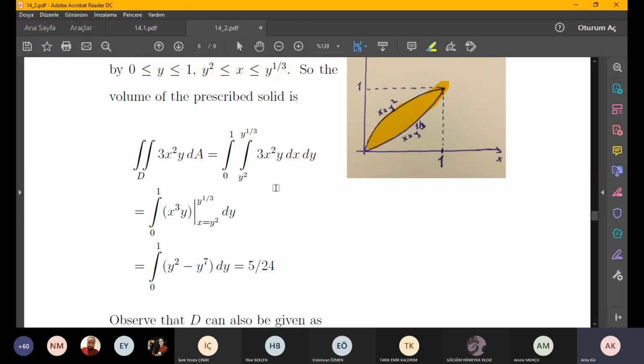So first we will compute 3x squared y with respect to x.